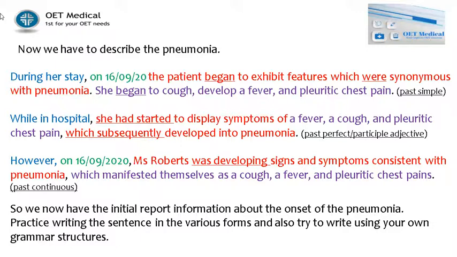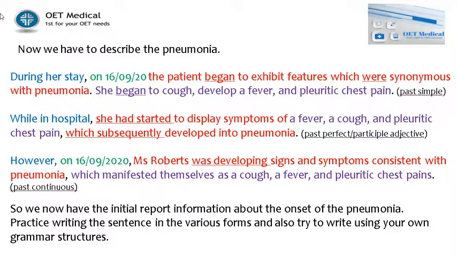However, on the 16th of the 9th, 2020, Miss Roberts was developing signs and symptoms consistent with pneumonia, which manifested themselves as a cough, a fever, and pleuritic chest pains. Past continuous, was developing.